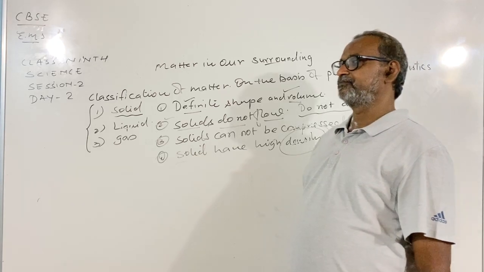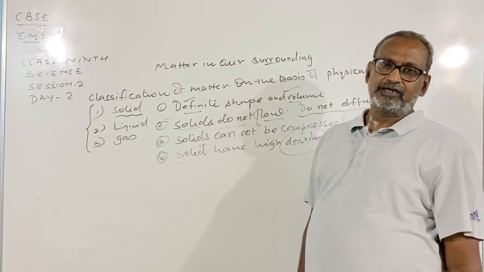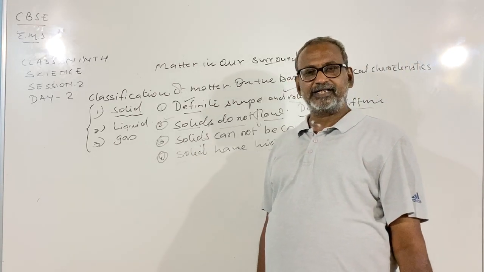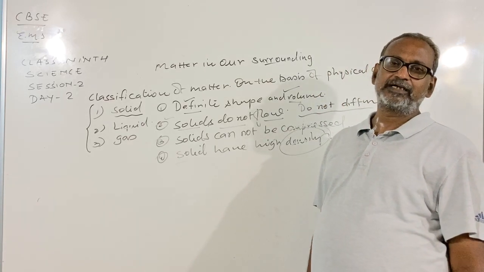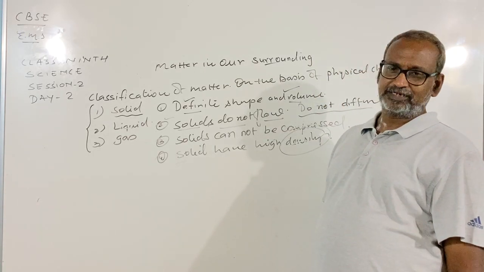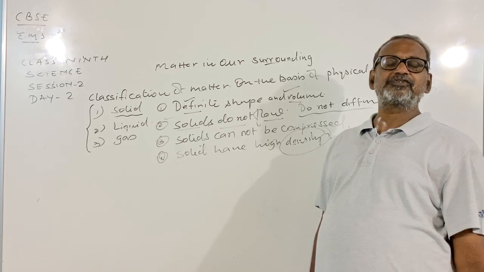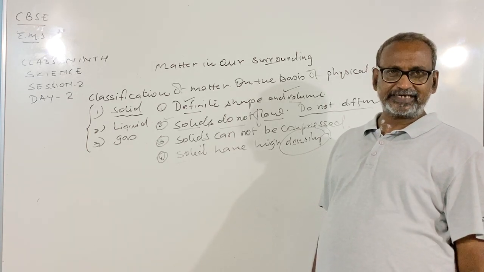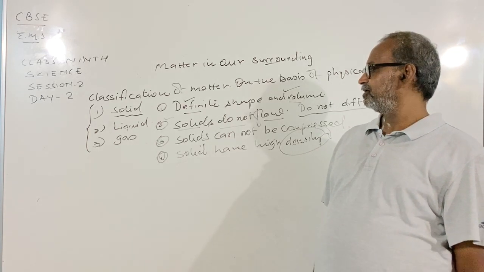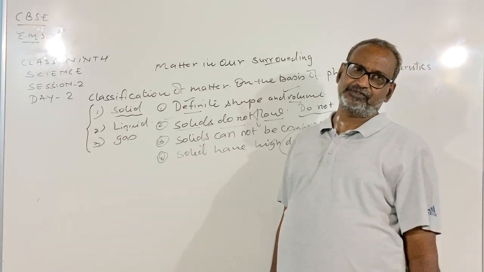For example, in blackboard, the chalk particles diffuse and you can easily observe the chalk particle diffuse in the blackboard. So this is an example where two solids show the phenomena of diffusion.